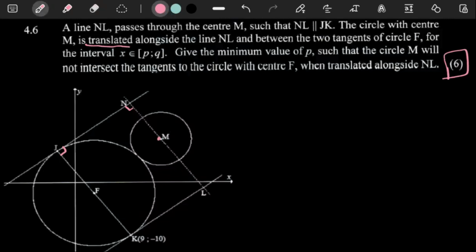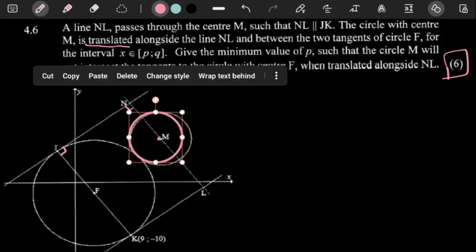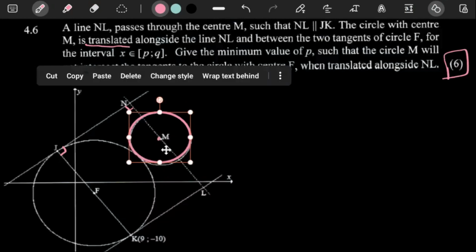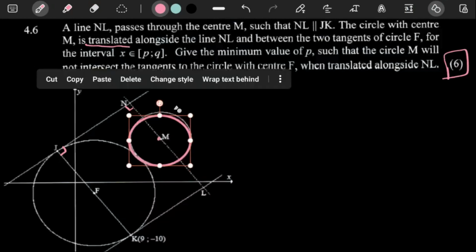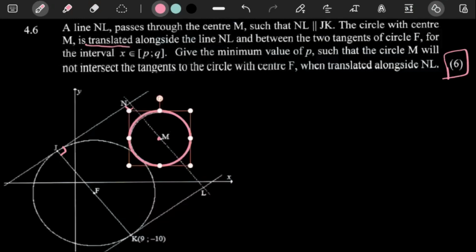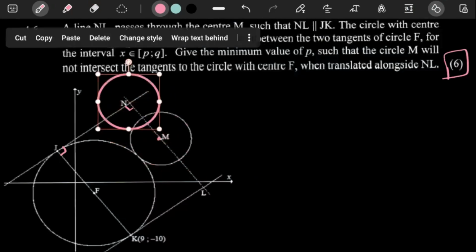Yes, they just mean that they're going to be moving this circle up and down, you see. So you have this circle. Let's just make it smaller. So this circle here that we have made smaller, they're going to move it up there.